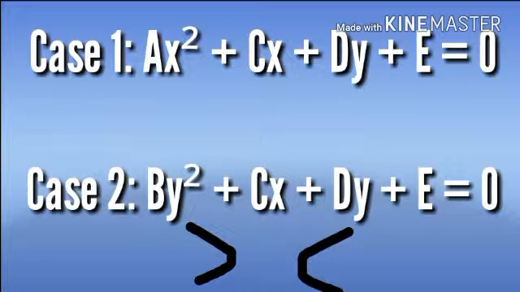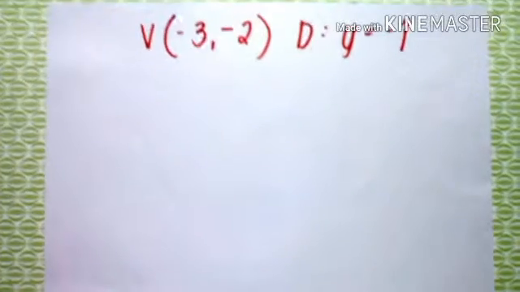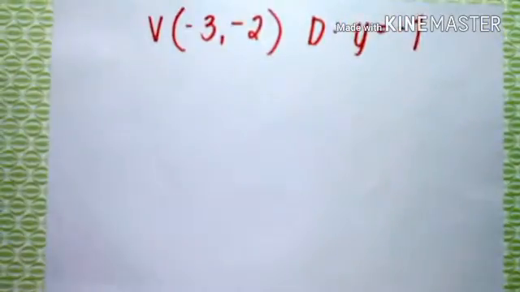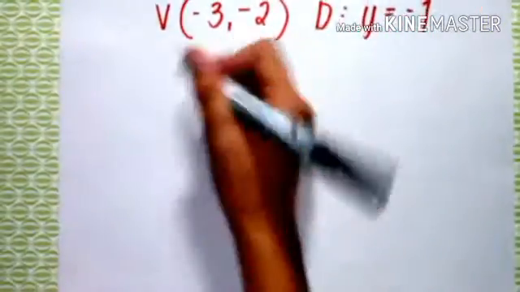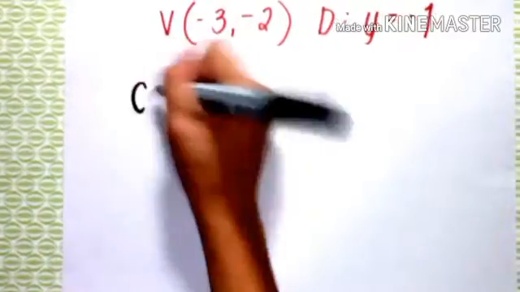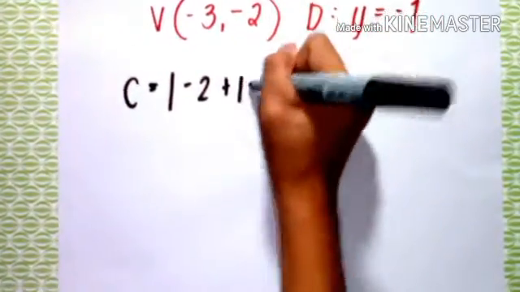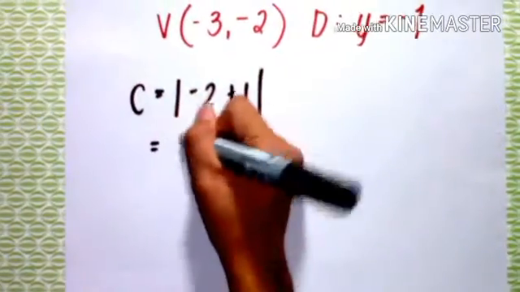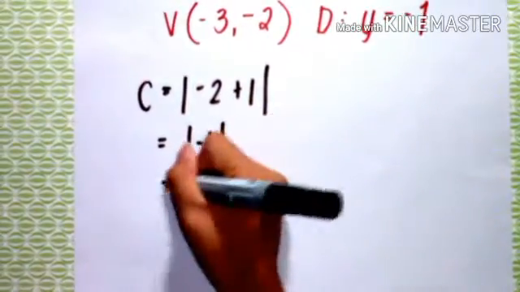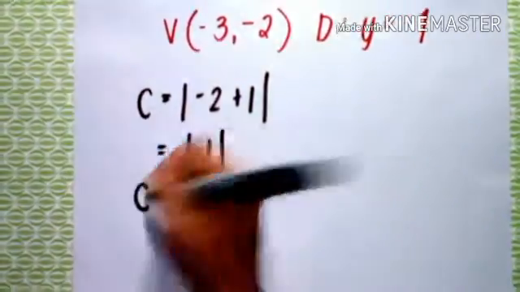To get the general equation, we should first get the given standard equation. For example, the given is the vertex at (-3, -2), and the directrix is y is equal to -1. We'll get first the length of the focal chord and then we will multiply it by 4 to get the latus rectum.